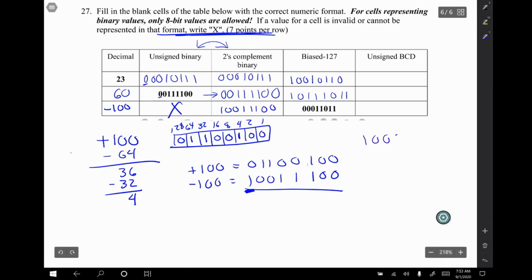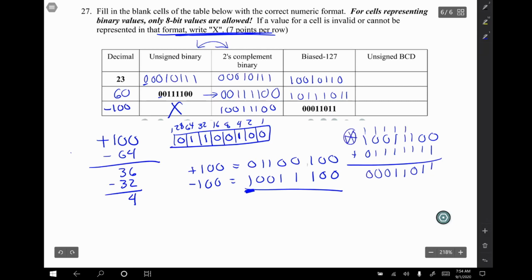And by the way, we could check to see if we made a full circle. If negative 100 is equal to 1001, 1100, what happens if we add 127 to it to see if we can get back to the biased 127? Well, 0 plus 1 is 1, 0 plus 1 is 1, 1 plus 1 is 0, carry the 1, 1 plus 1 plus 1 is 1, carry the 1, 1 plus 1 plus 1 is 1, carry the 1, 1 plus 0 plus 1 is 0, carry the 1, 1 plus 0 plus 1 is 0, carry the 1. 1 plus 1 plus 0 is 0, carry the 1.